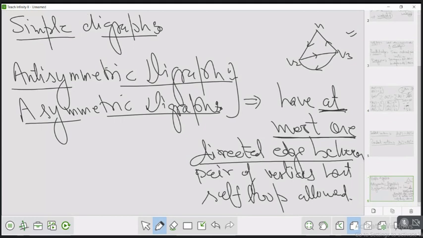Is this graph an antisymmetric digraph? Yes, if there is no loop. Every simple graph, it is simple. Is it antisymmetric or not? Just I am asking. No.